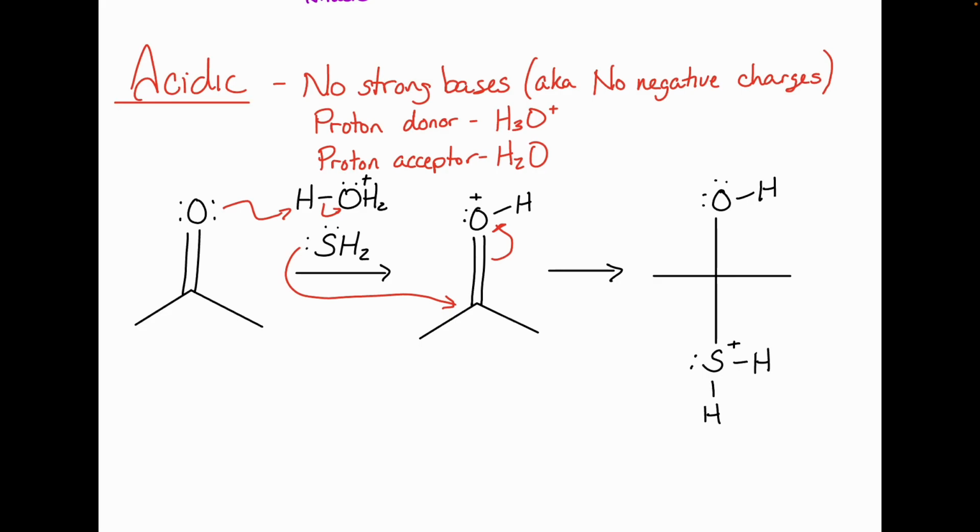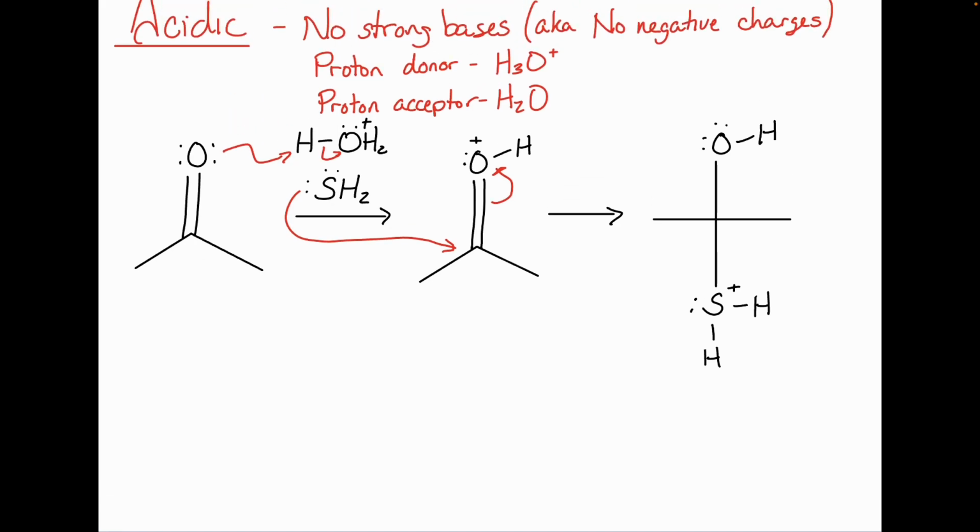However, because my nucleophile started out as neutral, when it does its attacking, it's going to have a formal charge of +1. So our last step, and we're going to see this a lot, is that our acidic mechanisms usually have 1 or 2 extra proton transfer steps. In this case, we have 1 more proton transfer step to get to our product.